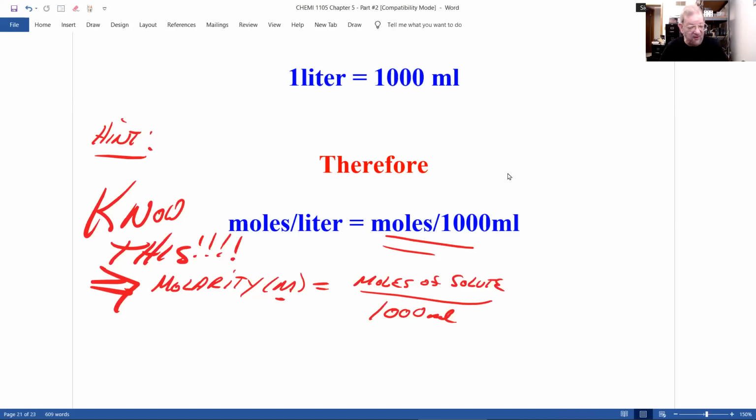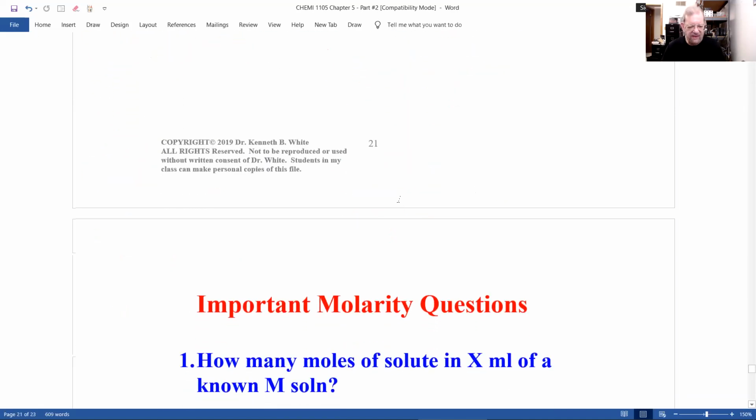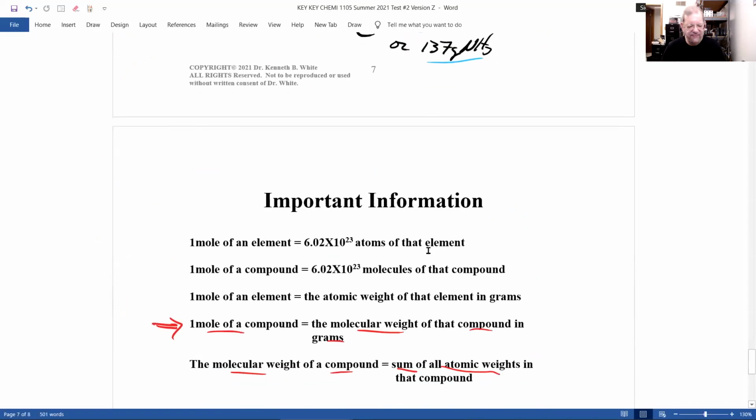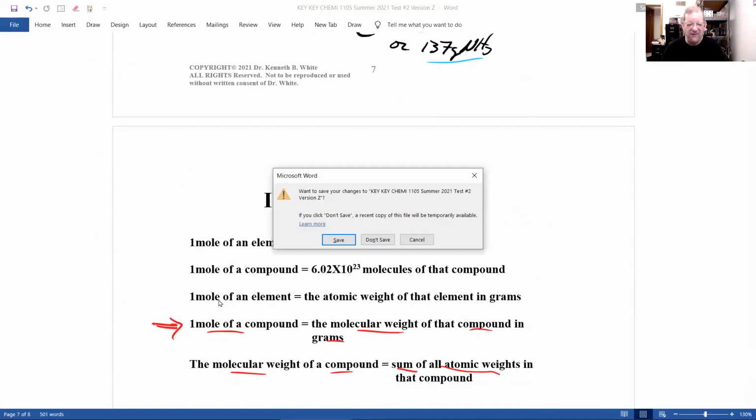Yes, you're going to have to use moles again. And before we do important molarity questions, let's do the following.